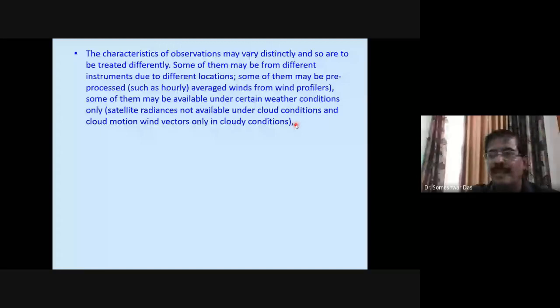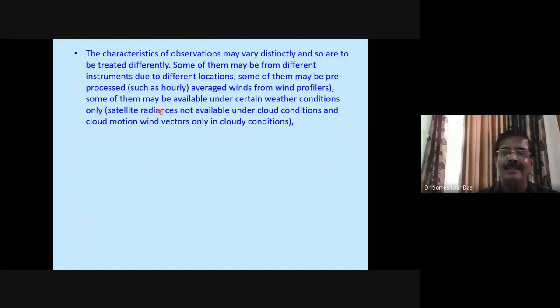But they used to flag down our mass data and use only the wind data earlier, right? So there were different kinds of instrumentation problems and different periodic data, like some data is hourly, some data is 3 hourly, right? And most interestingly, some data is available only when there is a cloud, and some data is available when there is no cloud.